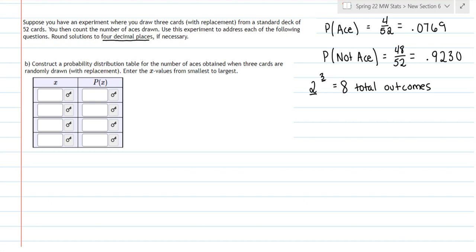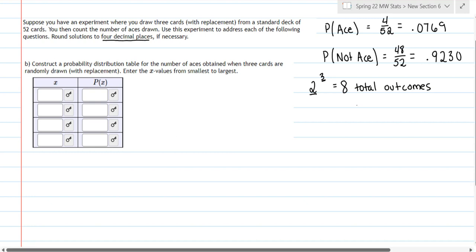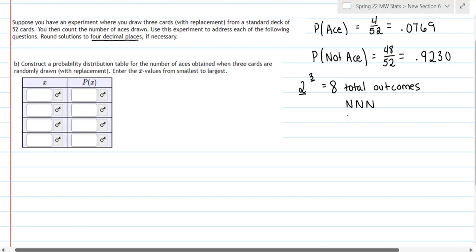We could just list that out, so ace or not ace. So you could get no ace, no ace, no ace. You could get, let's see, no ace, ace, no ace. Or we could do the tree diagram. You don't have to do the tree diagram, though. You could do no ace, and then an ace. You could have ace, no ace, no ace.